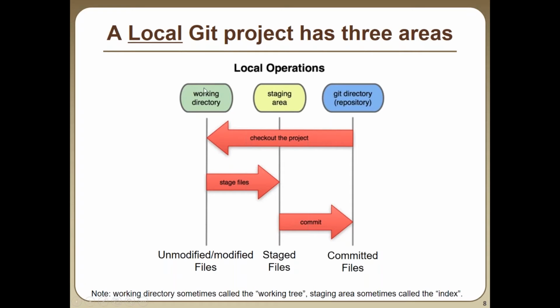First, the user will modify the files in his working directory, and then he will take the changes and put them into the staging area, where Git will take the snapshot. After that, from the staging area, we will actually do the commit. For the commit process, Git will take the snapshot from the staging area, and then it will take the other details, such as who the user is, the date and time, and the message.